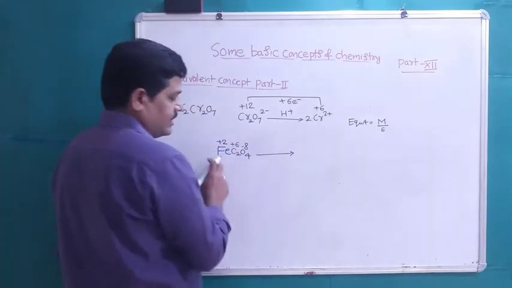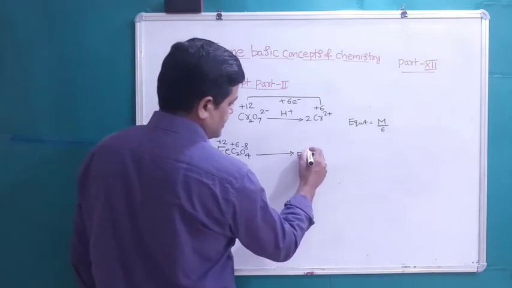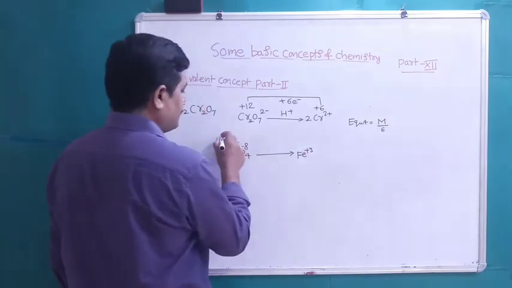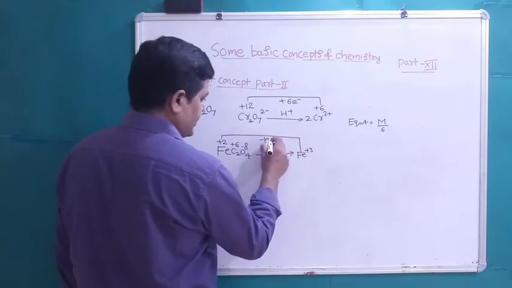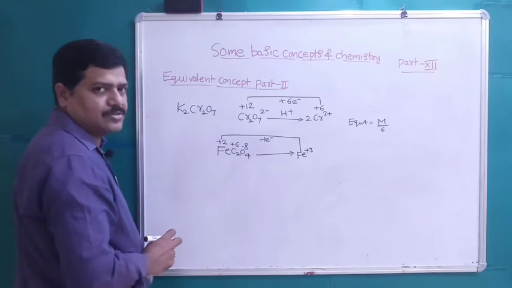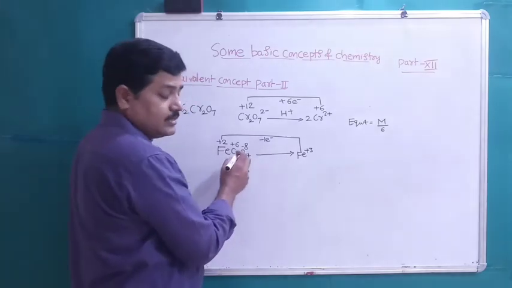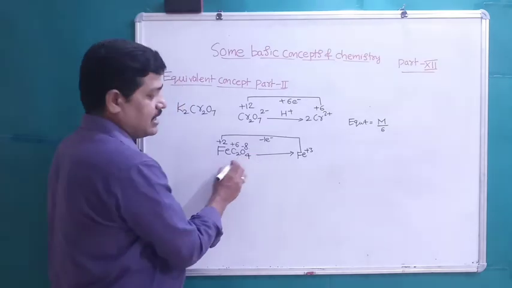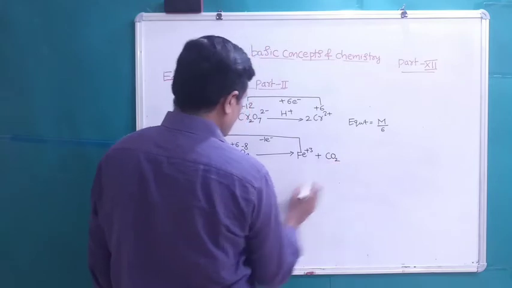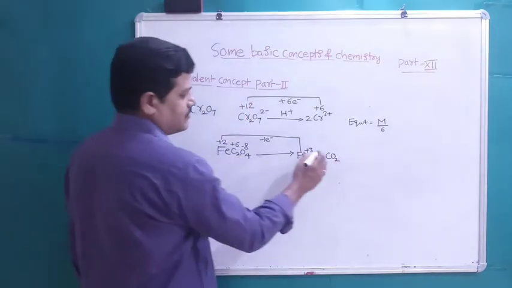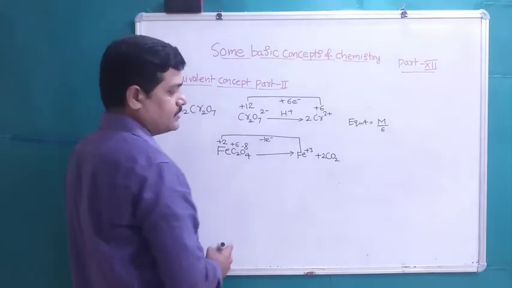So here Fe2+ is oxidized into Fe3+. The number of electrons lost is 1 electron. Meanwhile, C2O4 2 minus, the oxalate ion, is oxidized into carbon dioxide, CO2. The number of carbon atoms we can equate by putting the coefficient of CO2 as 2, right?